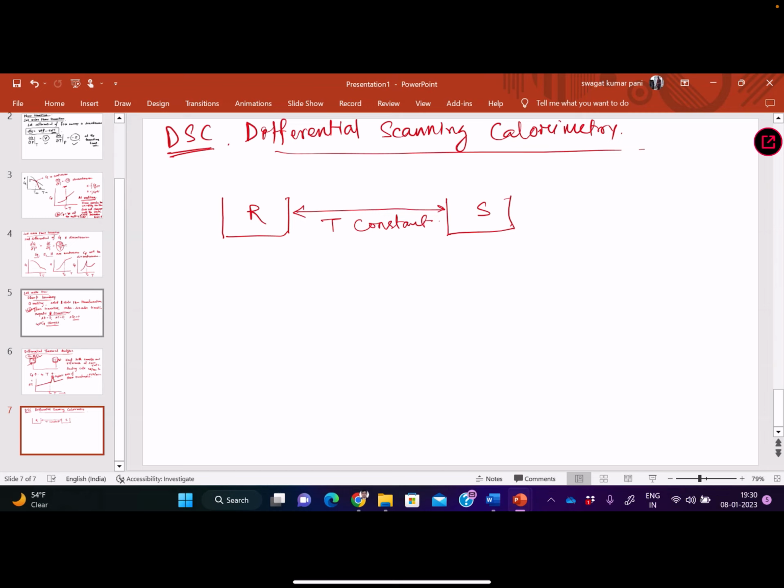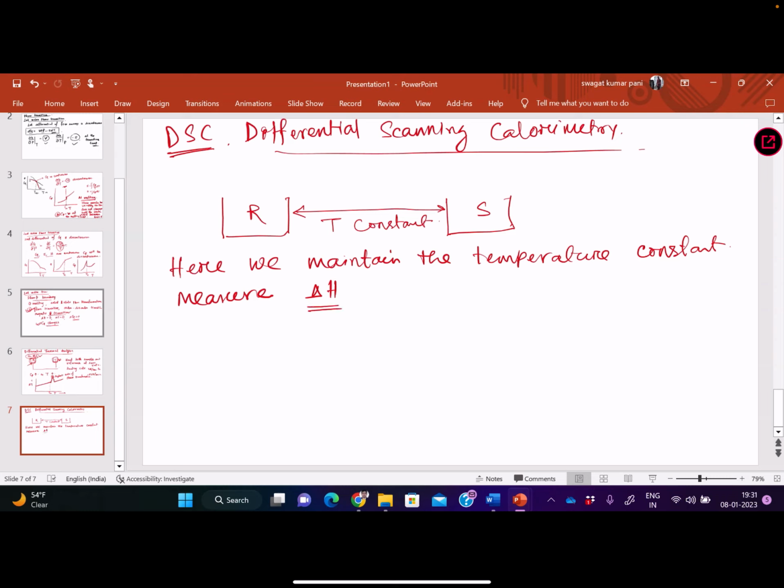Here what we do, we maintain the temperature constant, meaning the temperature of reference and sample, and we measure delta H, that is the change in enthalpy required to maintain the temperature constant.